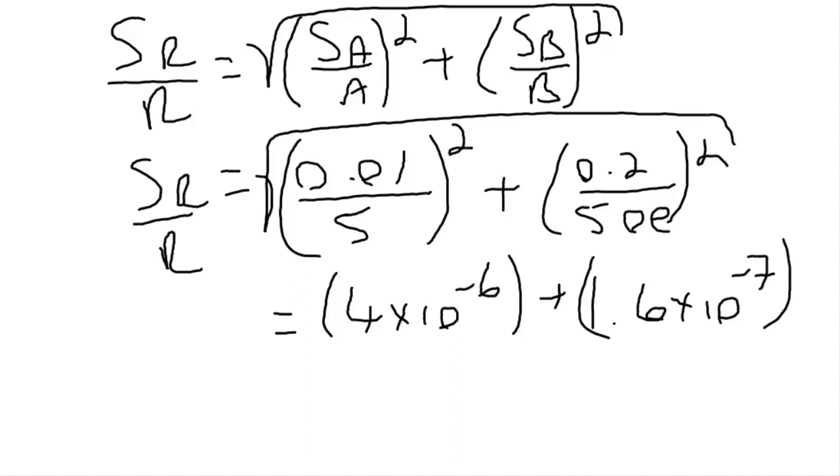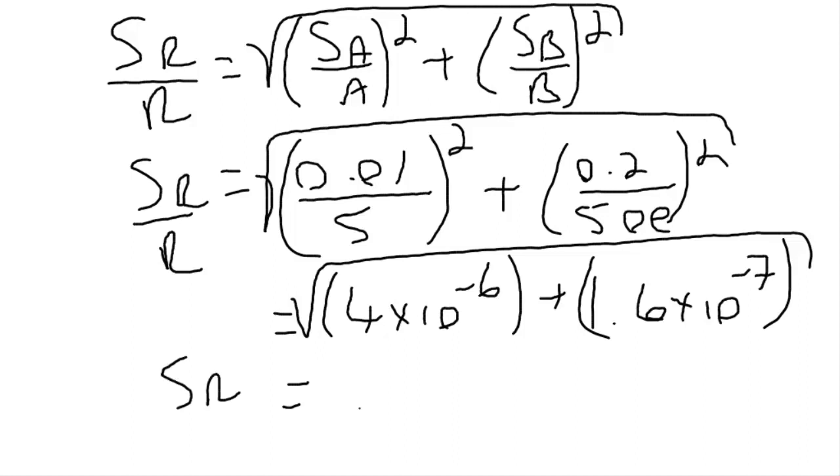Add those two numbers up and square root, and we end up with a relative error of 0.020.